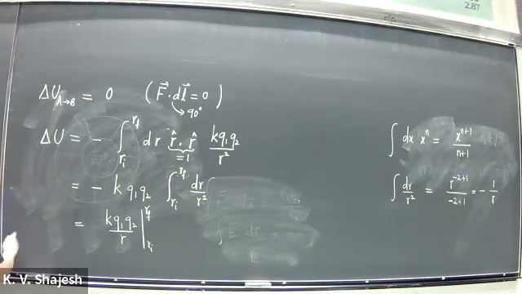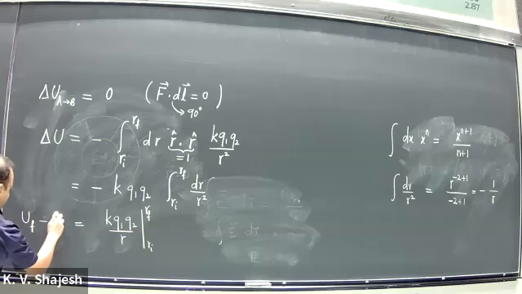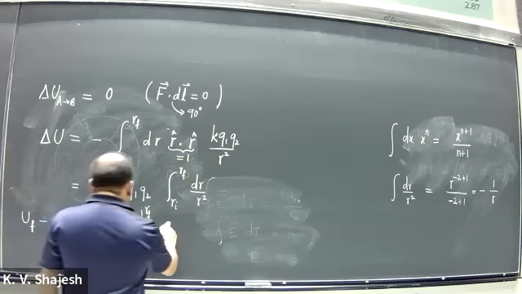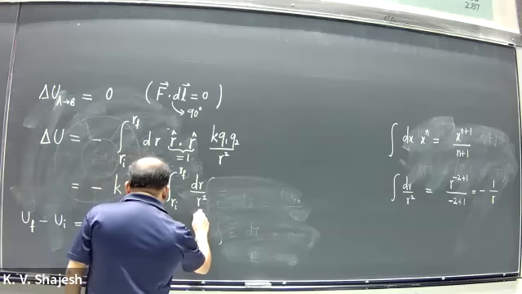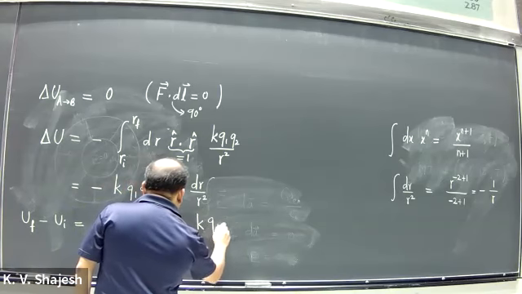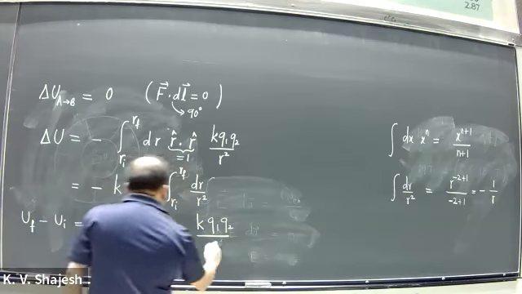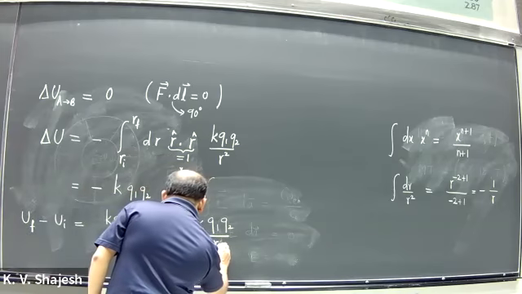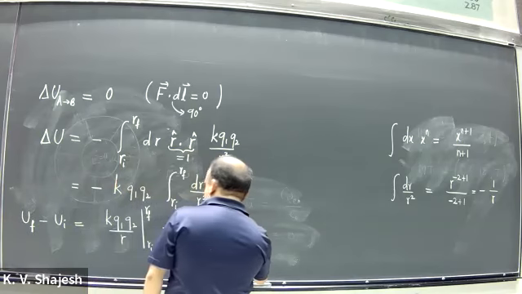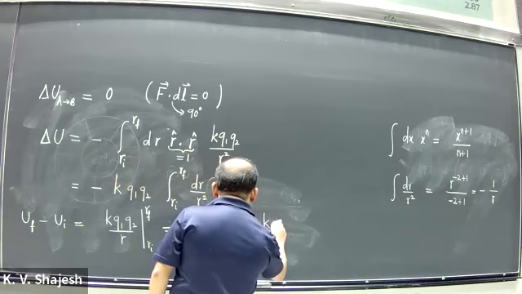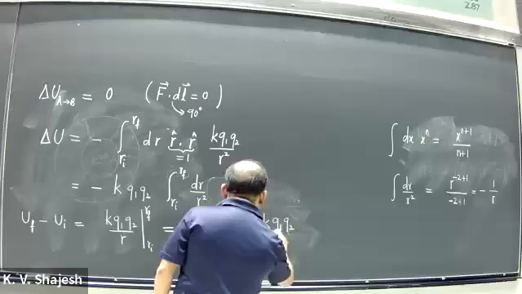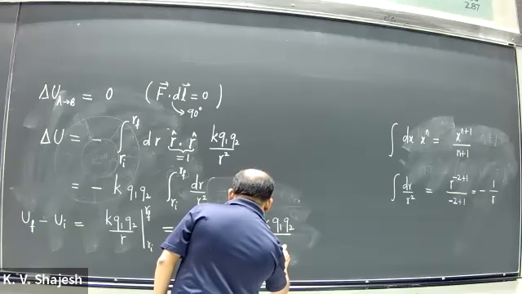Let me write this as U final minus U initial. And when you evaluate, this is k q1 q2 over r final minus k q1 q2 over r initial.